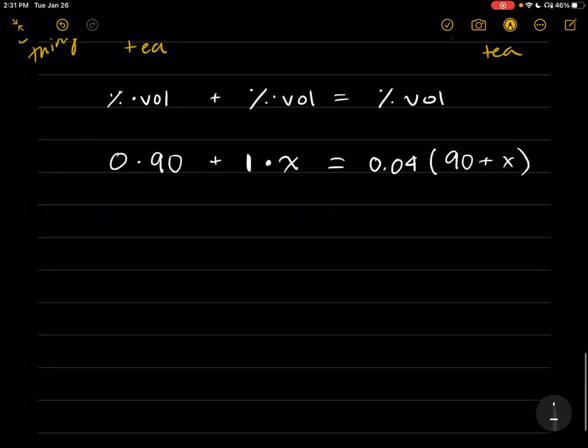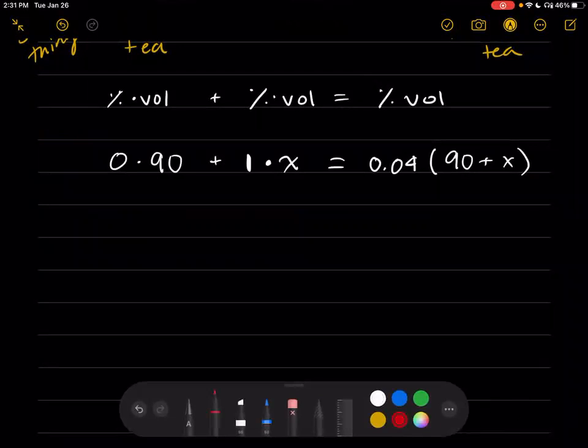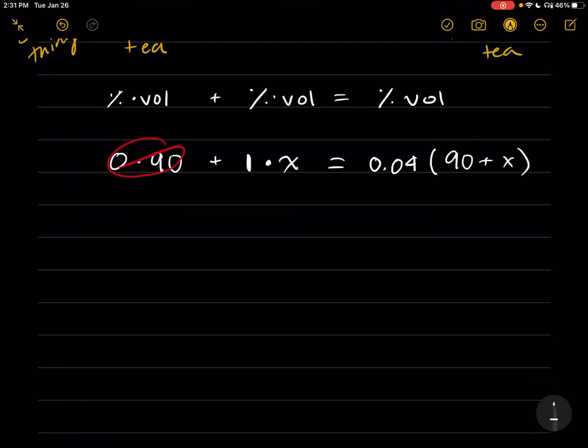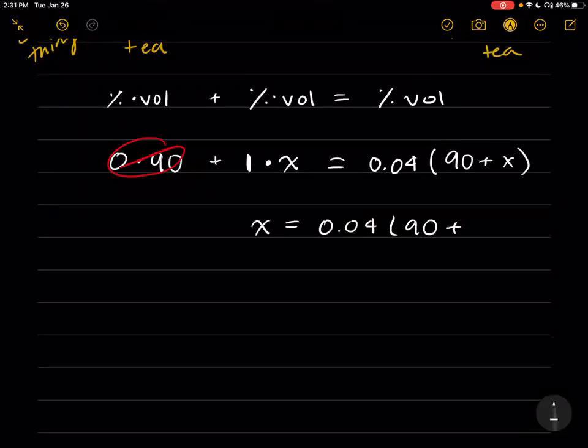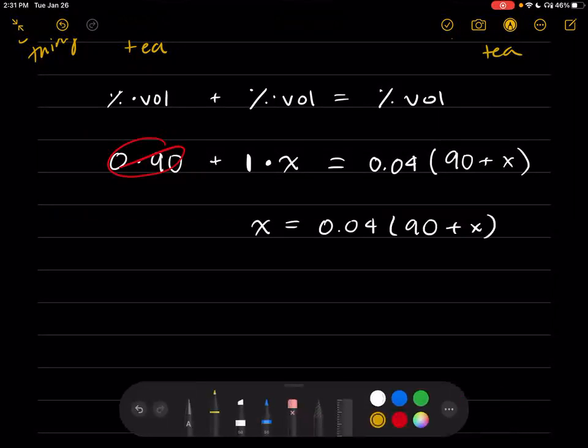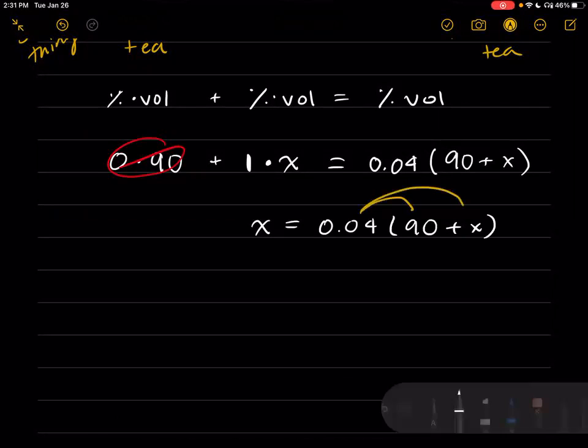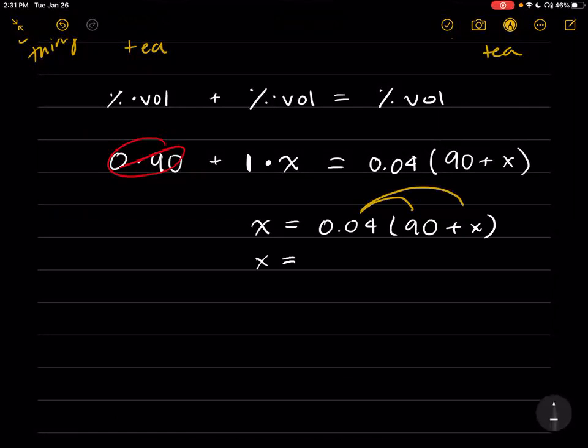And of course, now we can simplify. 0 times 90 goes away, that's just 0. And then 1 times X is X. So this goes to X equals 0.04 times (90 plus X). I'm going to distribute the 0.04 into there. And so we get X equals 90 times 0.04, which is 3.6, plus 0.04X.